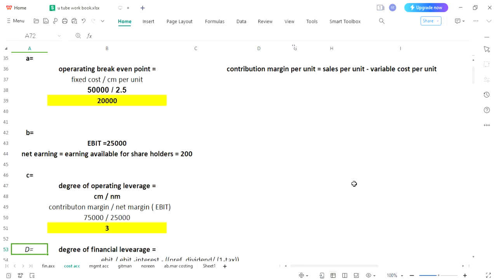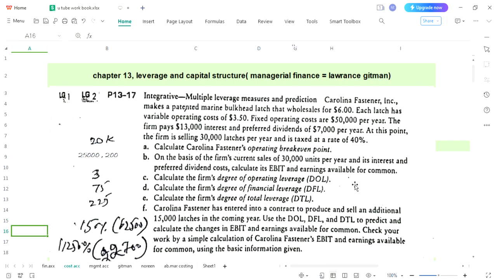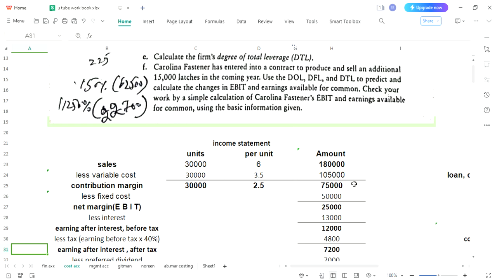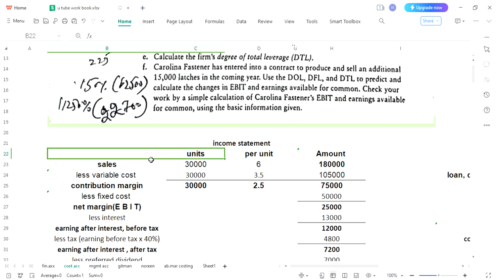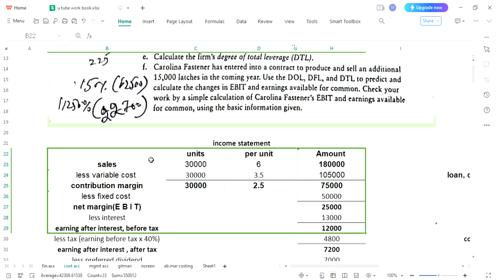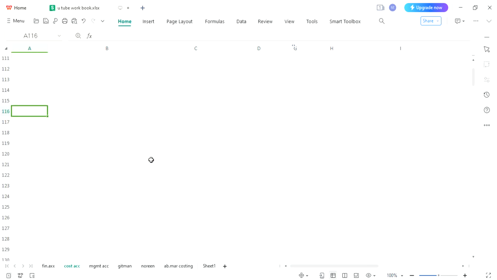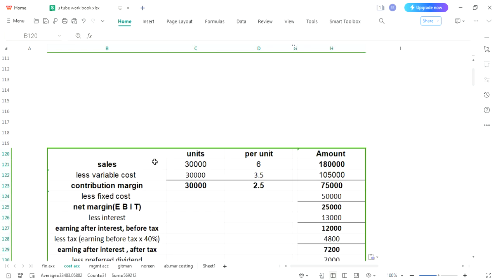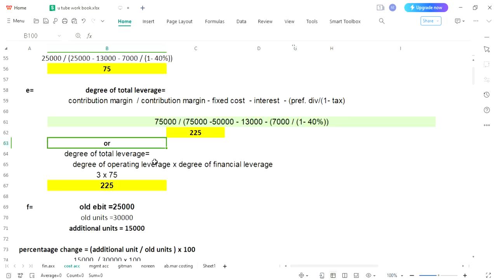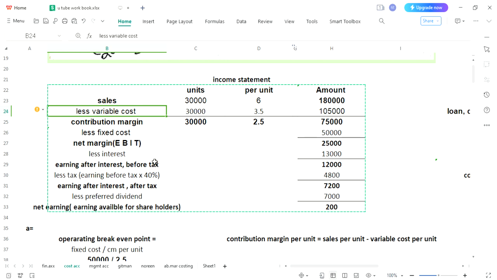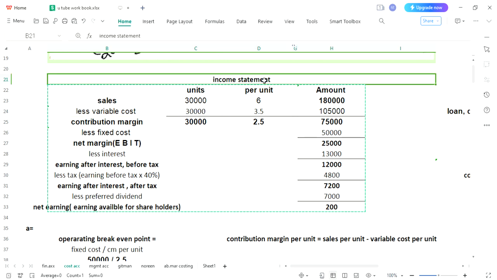Now we will prove it. Though it is not required, just for your understanding I am doing it. And let me try to take all this statement again. We will not take much time and easily we can solve it over here. Thankfully it has filled, and we will make now a new income statement.